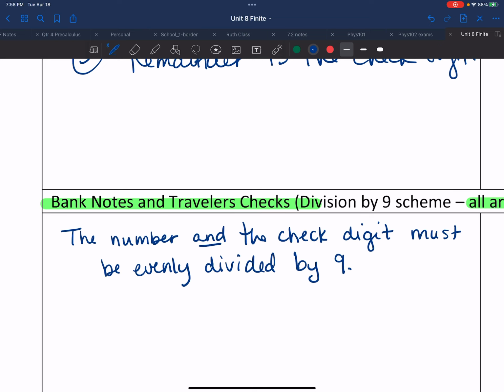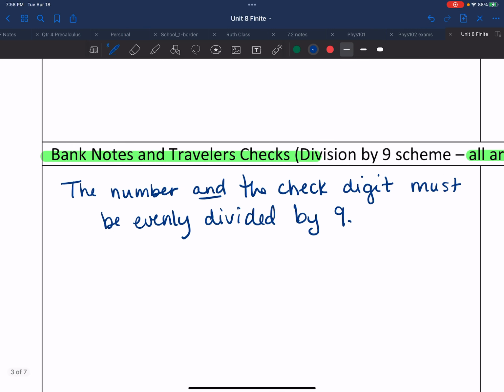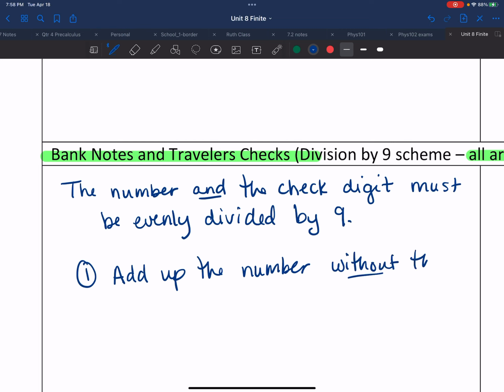So the way to check is we're going to add up the number without the check digit. The check digit is going to be your last digit.